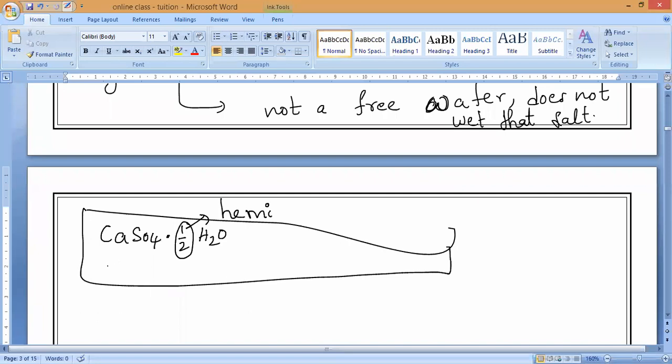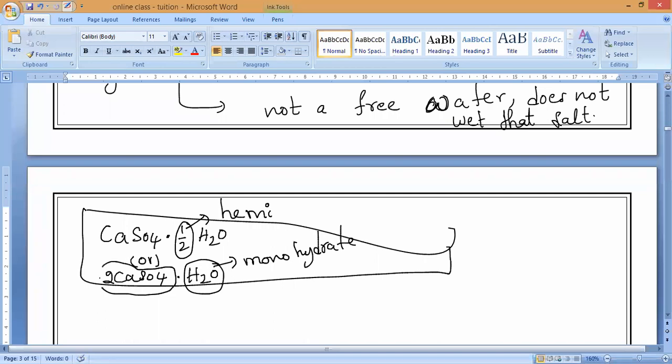Now, another formula we can also write is 2CaSO4 dot H2O. What should we call it? Monohydrate. Understand? But here how many formula units? 2 formula units. Sir, 10 H2O?